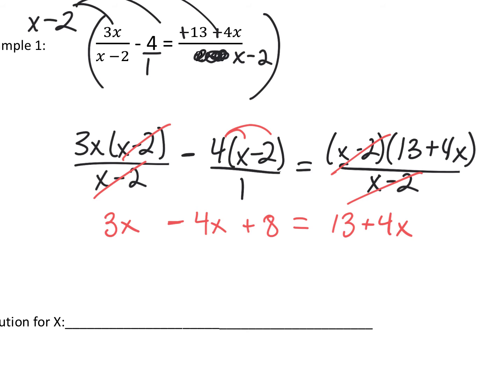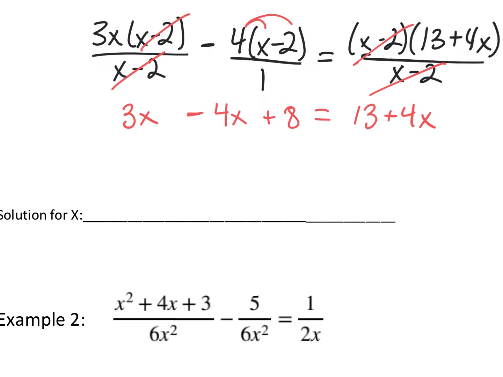Now we just solve it, right? Go ahead and solve it from there. How'd you solve this? What do those become? -1x. Okay, next step. Add the 1x over, I like it.